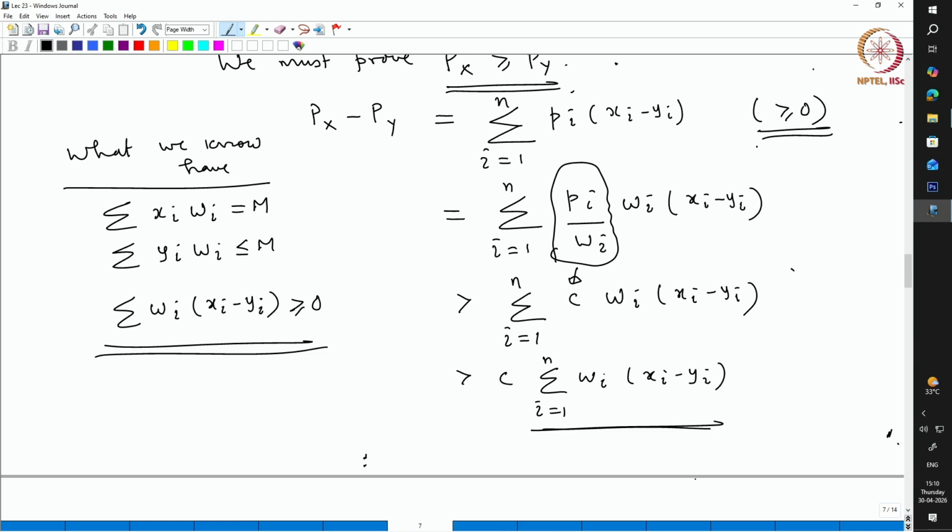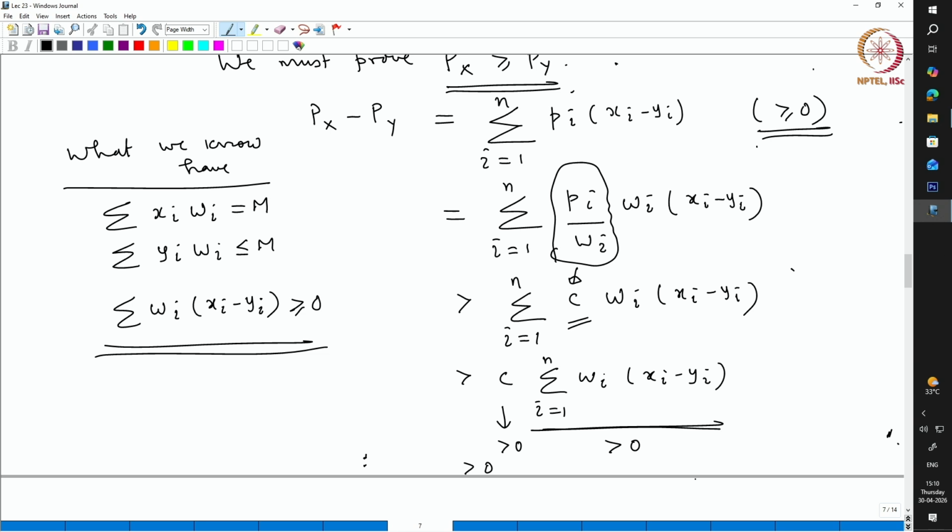This we know is greater than or equal to 0. If c is a positive constant, you know that the whole thing will be greater than 0. So, this is what I am going to work towards. In order to build a proof, I am going to figure out a positive constant, using which I will have an inequality of this type.